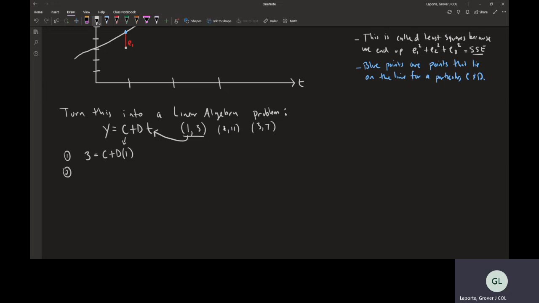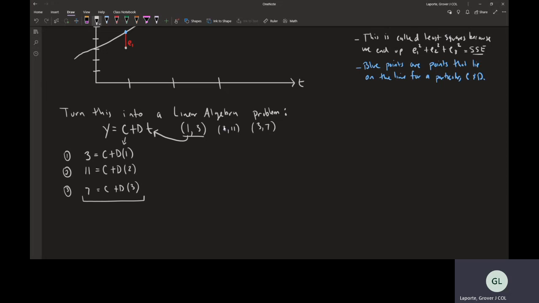The second point is the same thing. You put 11 in, is what I want to come out of my equation for a line, and then c plus d times 2. And then 7 is equal to c plus d times 3. And so this is, if you go back to the linear algebra real quick review, this was a system of linear equations.